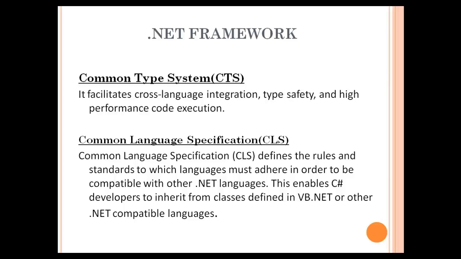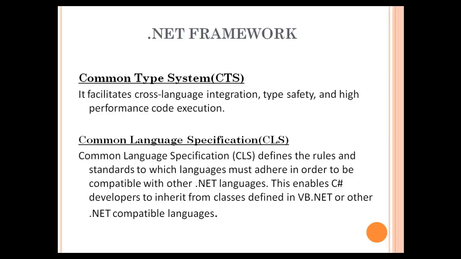So next is the Common Language Specification, or CLS. The Common Language Specification is an agreement among languages. It is nothing but guidelines for the language to follow so that it can communicate with other .NET languages in a seamless manner.